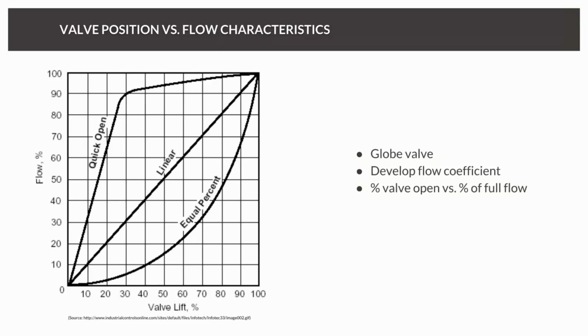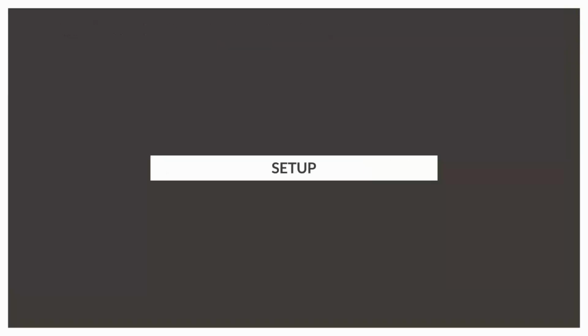In my case, I'm saying 10 millimeters up is fully open, and that's that. Now, full flow just corresponds to what the flow rate is at that fully open position. So fully open for me is 10 millimeters, and go from there.